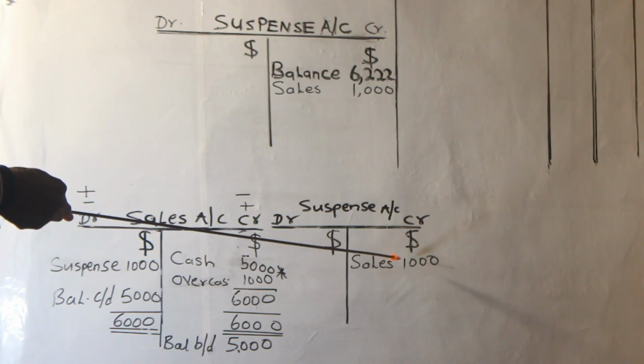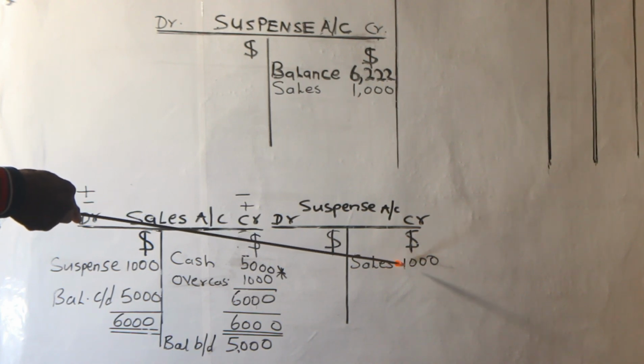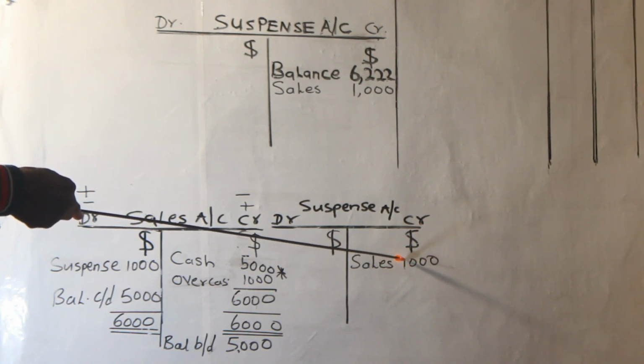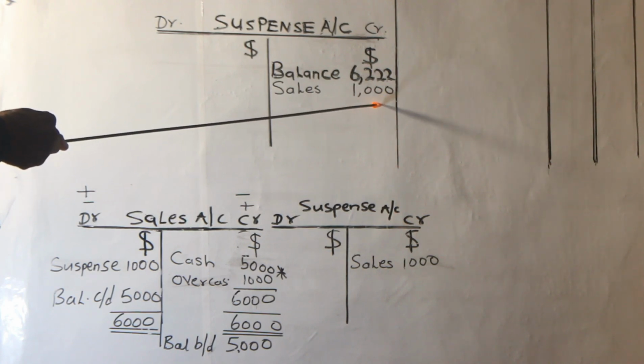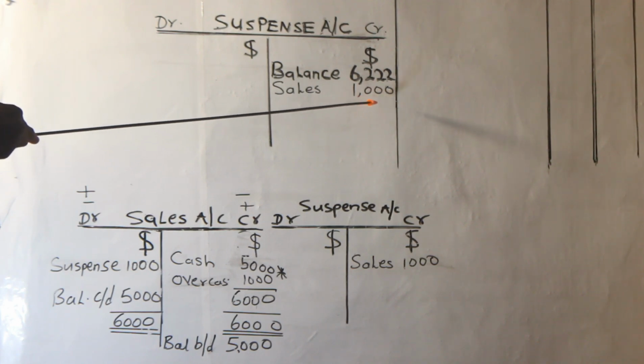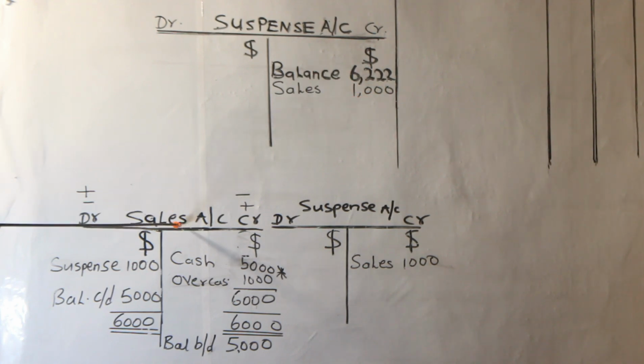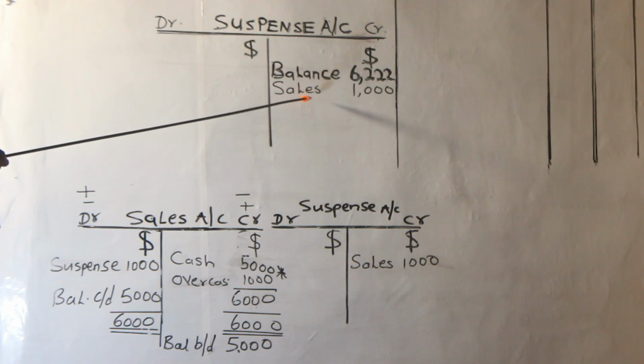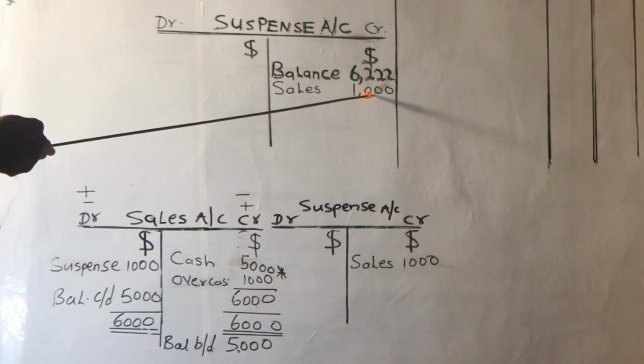If you watch what we actually did, this Suspense account balance of 1,000 went straight to the credit side of the real Suspense account that we are preparing. There's already an addition of 1,000 on the credit side. What it means is that the transaction of overcast in the sales account of 1,000 has succeeded in increasing the Suspense account by 1,000.